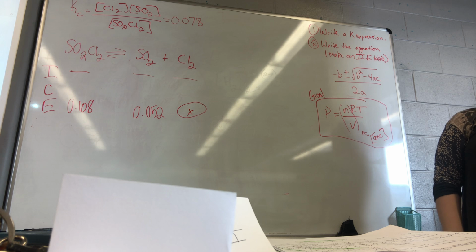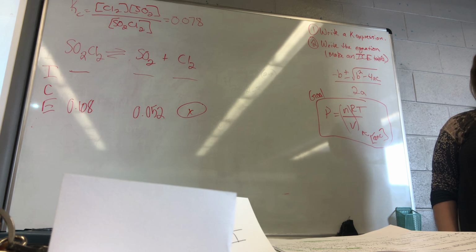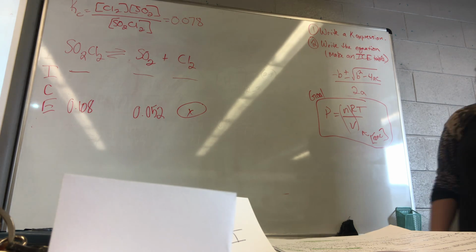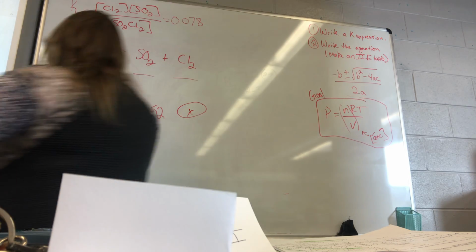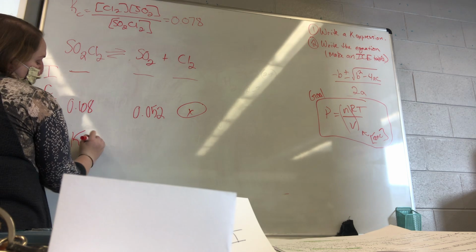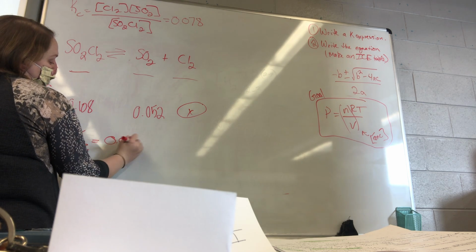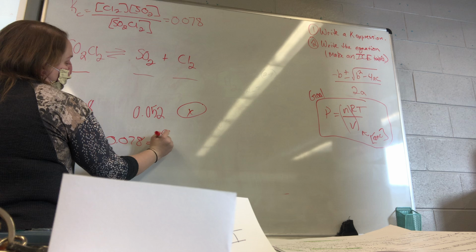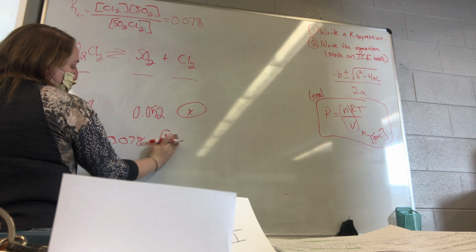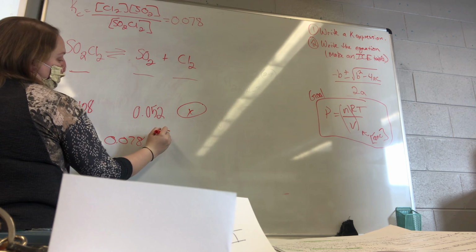What do we do next? What do you think? Solve for X. Oh, we absolutely have to solve for X, but we've got to put all those numbers in an expression first. What expression should we use? The K expression! We're going to plug in numbers in this one.